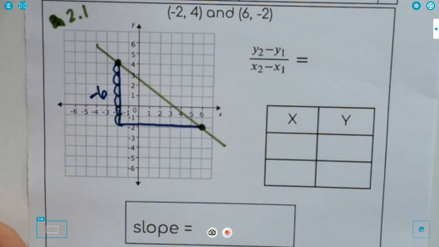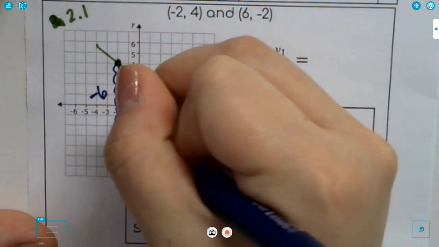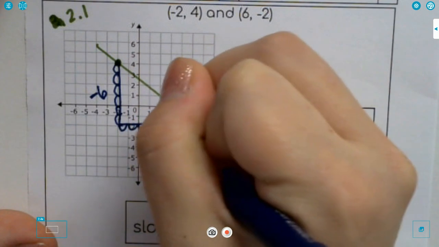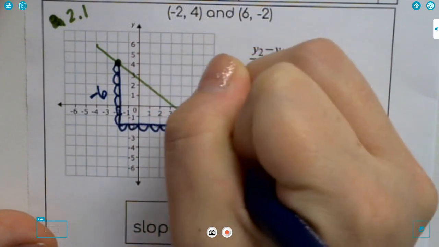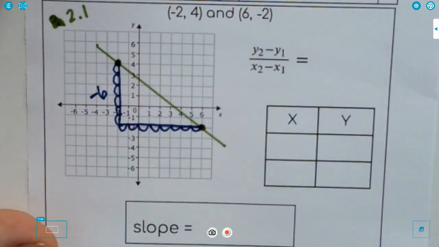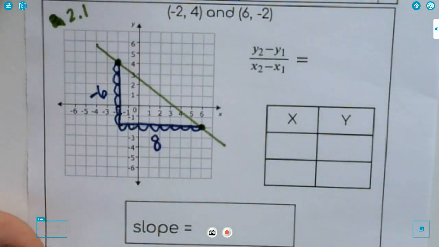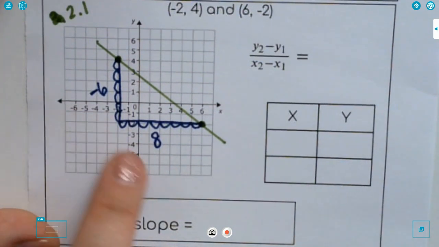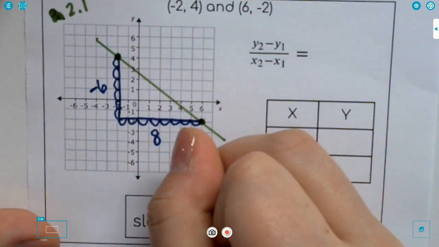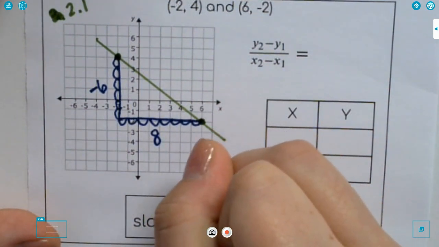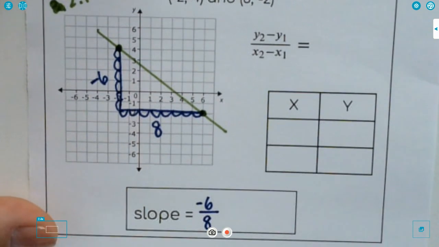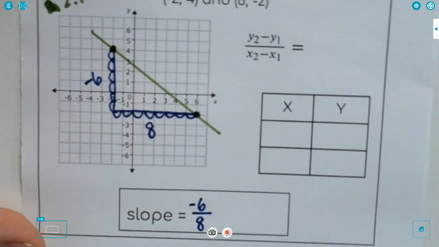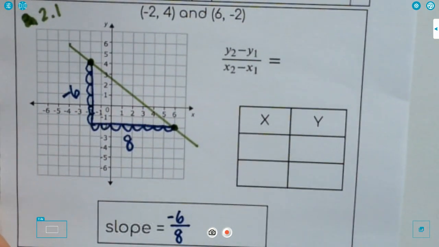And then I am going to the right 1, 2, 3, 4, 5, 6, 7, 8. To the right 8. So that means my slope is rise over run. So it is negative 6 over 8. We're going to reduce that in a second. I want to show you how to find it with the other two first.